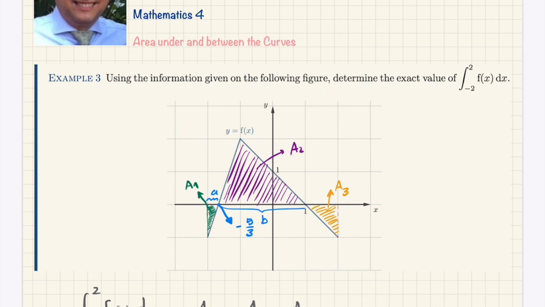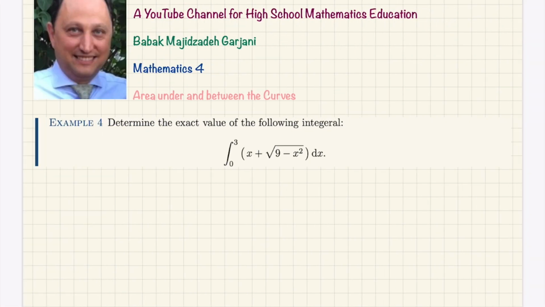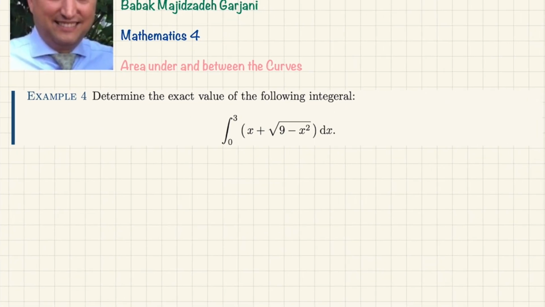Okay, for this question, I think I have given you another example. This doesn't look like calculating an area at all. I am just asking you to determine the exact value of the following integral. If I gave this question without telling you that I am talking about areas, this would be a hard problem.